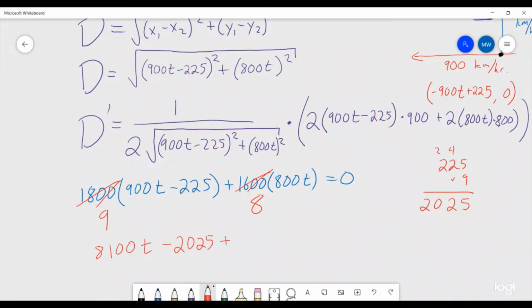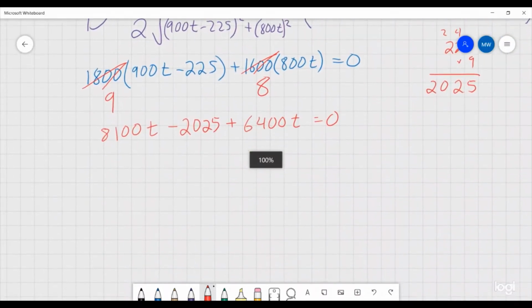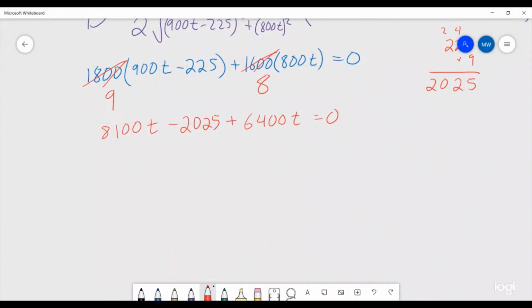And then we have plus 8 times 800, that's 6400t equals 0. Solving for t, we add 8100 and 6400 together, and we get 14500t is equal to 2025.